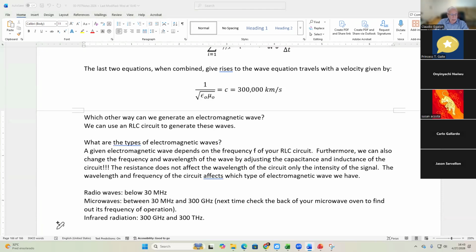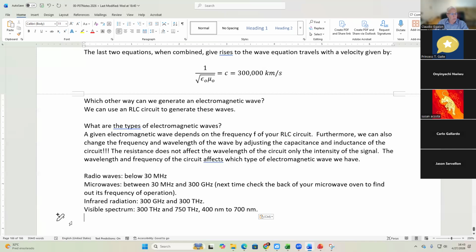We also have visible radiation, the visible region of the electromagnetic spectrum, which our eyes are sensitive to. Our eyes cannot see infrared radiation, microwaves, or radio waves. You need a special device to detect them.